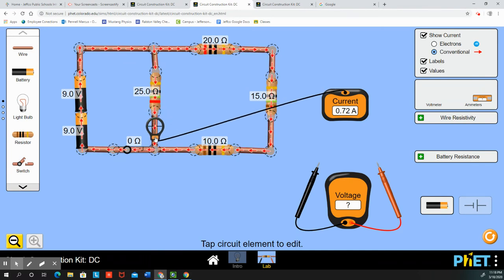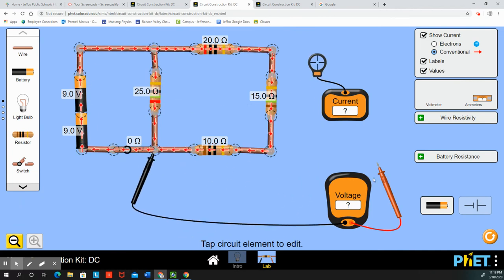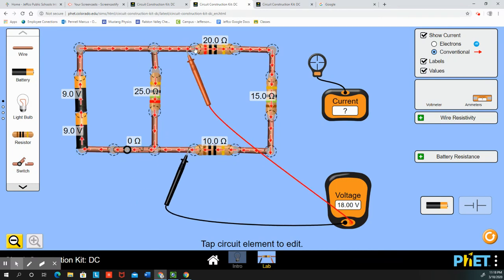Now, the voltage across resistor 1 is the same as the 18 volts applied by the batteries, because for the current flowing through that loop, that's the only resistor, so that'll be the only voltage drop in the circuit. And if you notice, that measurement is also the voltage across resistors 2, 3, and 4 together.